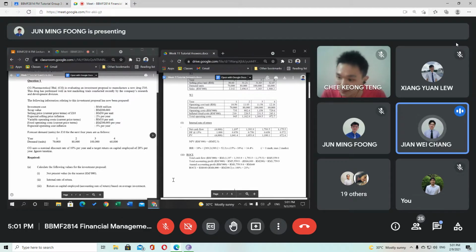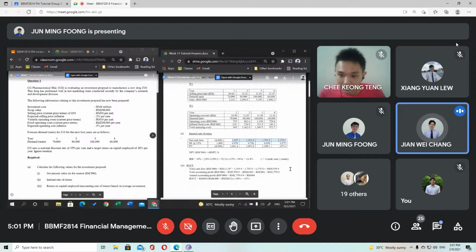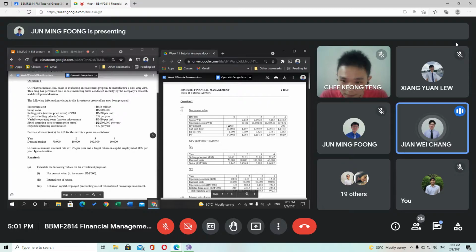To calculate the average annual profit, we use the total cash flow. We can take from the IRR working above and sum up, then we get 5,559.5 cents, 8.9 cents, and then we minus the accounting cost, which is the investment cost of 4 million and the scrap value divided by 2.